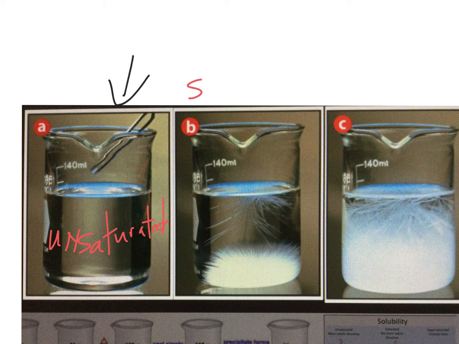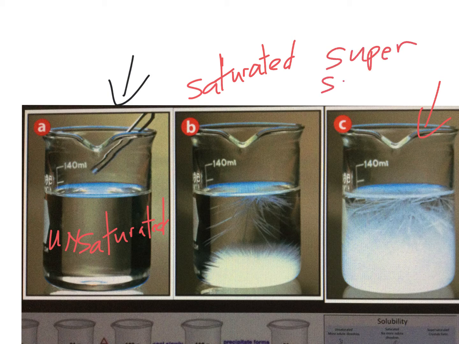This is a saturated solution. Now when you have dissolved more than what it's capable of dissolving, and you've done something to it so it can absorb that solute, that is a supersaturated solution. Okay, and so this is how you can make rock candy and stuff like that. All these crystals will form and you can literally pull them out.